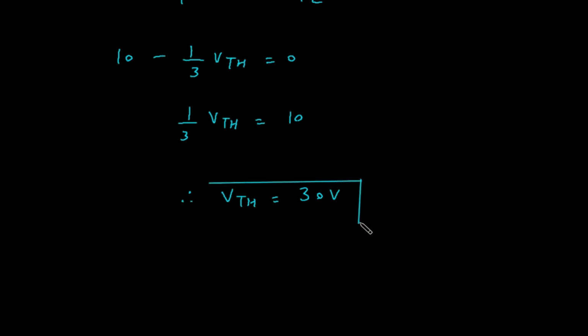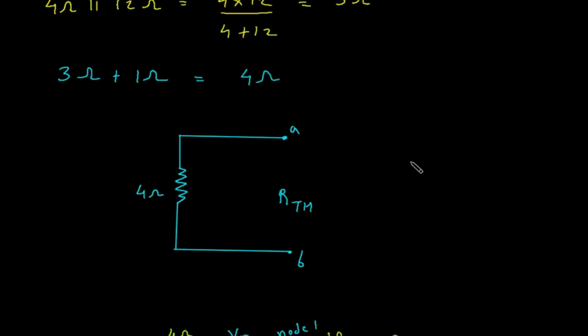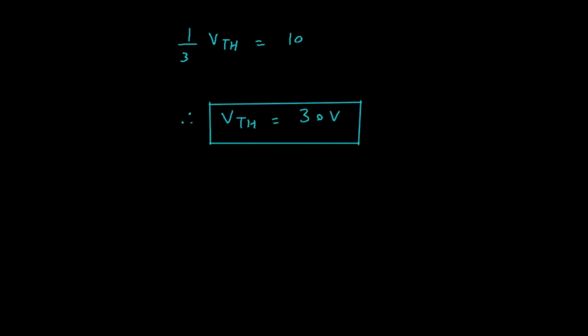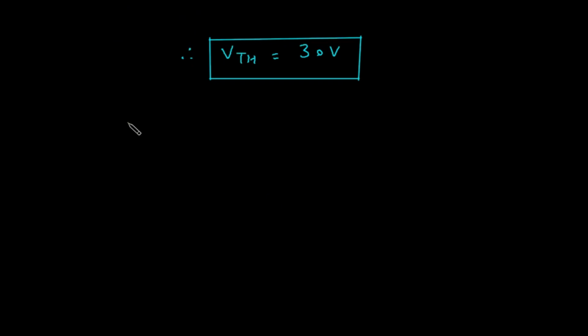So VTH is equal to 30 volt and RTH is equal to 4 ohm. Now we will draw the Thevenin equivalent circuit. So the Thevenin equivalent circuit will look like this. It will be positive, negative.